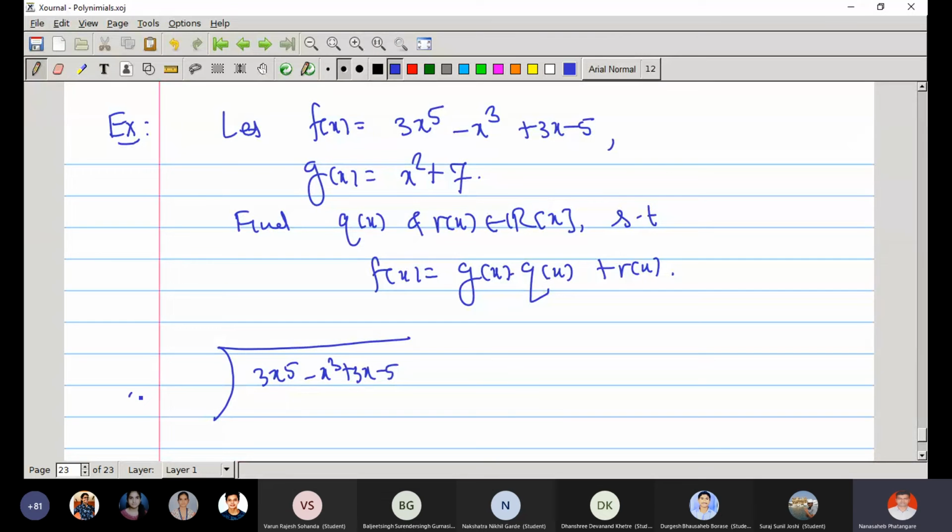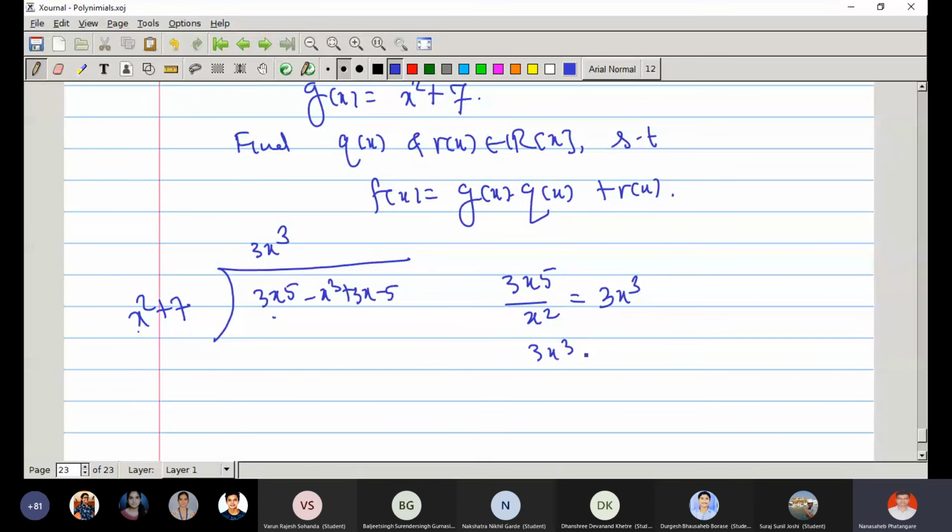How do we divide two polynomials? First, look at the highest degree term, 3x raised to 5, and divide by the highest degree term here, x square. What we get? 3x cube. Put 3x cube here, then multiply 3x cube into x square plus 7.